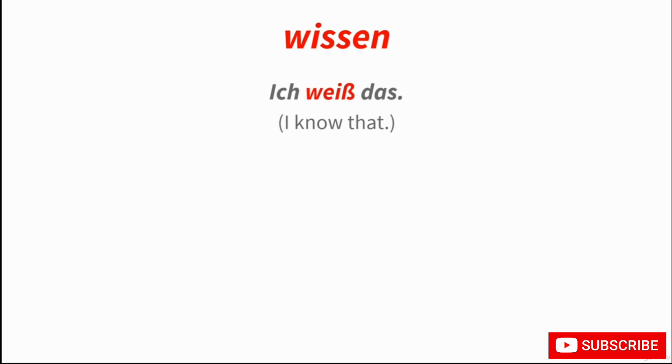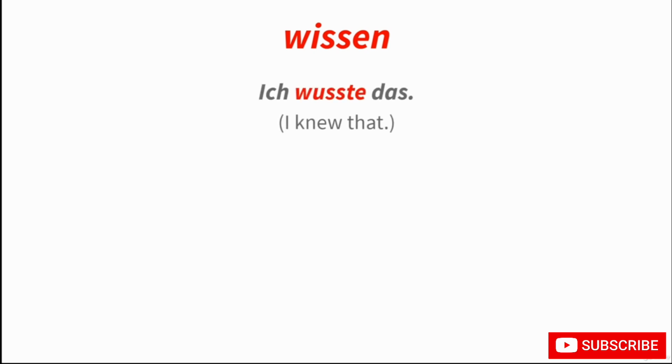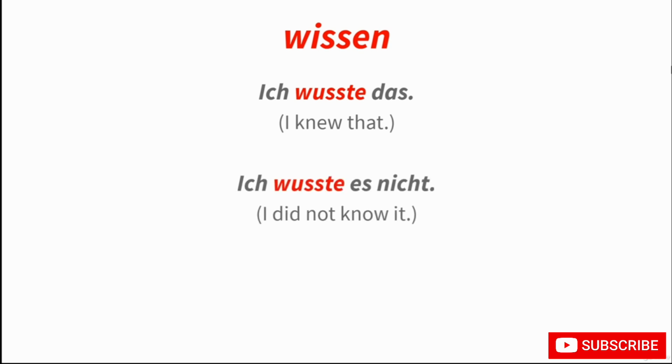Ich weiß das. I know that. Ich weiß es nicht. I don't know. Or ich weiß nicht. It also means I don't know. Or ich wusste das. I knew that. Ich wusste es nicht. I didn't know it. Ich wusste nicht. I did not know. Wissen is generally used in the past tense with Präteritum in German.